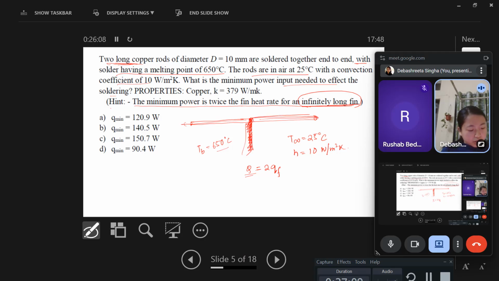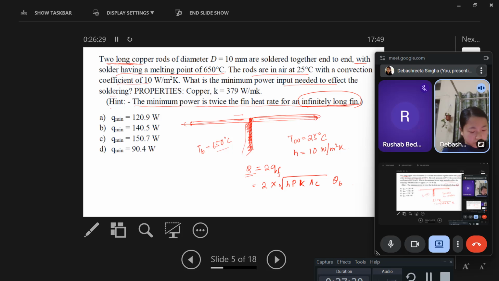Because if it is qf for one, for both it will be double. So we know qf is equal to root over h p k Ac into theta b.